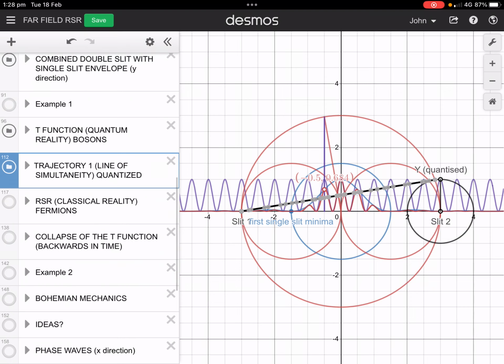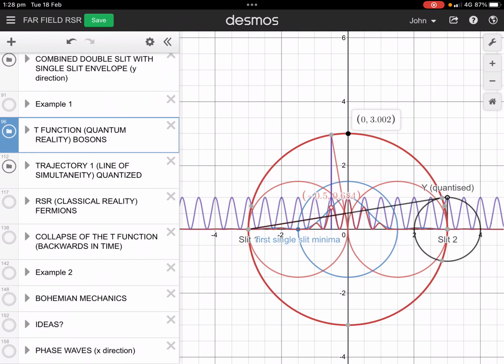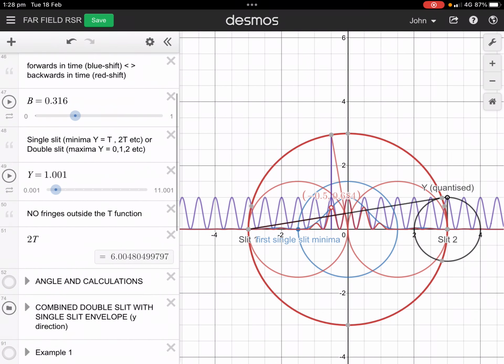So if you've got your slit 1 and you've got your slit 2 over this side, and if they're the same, then it's going to appear the fringe will be right in the middle.